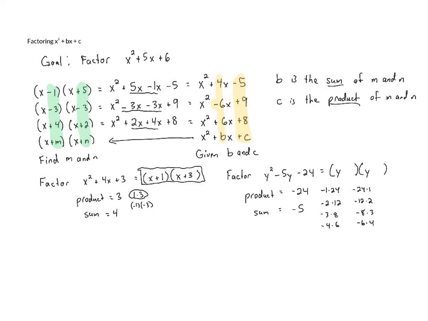There's 8 possibilities here that give us a product of negative 24, but only one of them gives us a sum of negative 5, specifically negative 8 and 3. So we know that our factored form is going to be y minus 8, because it was negative 8, and y plus 3, because it's positive 3, and that is our answer.